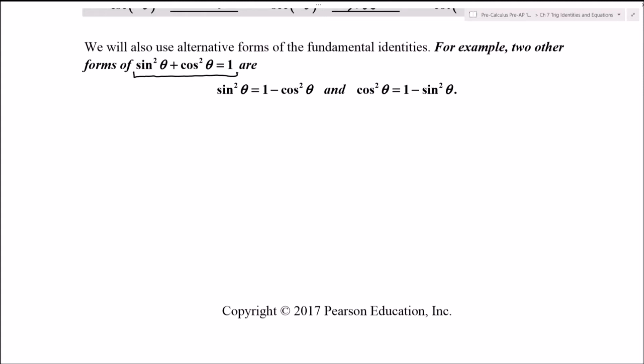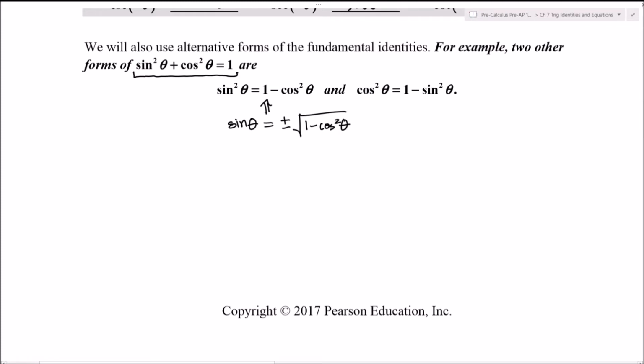Now, something else that we can do, if you wanted to come up with an expression for just sine in terms of cosine, or the other way around, you would square root both sides. And sine theta technically is equal to, whenever we square root both sides, you get a plus or minus as a result, the square root of 1 minus cosine squared theta.